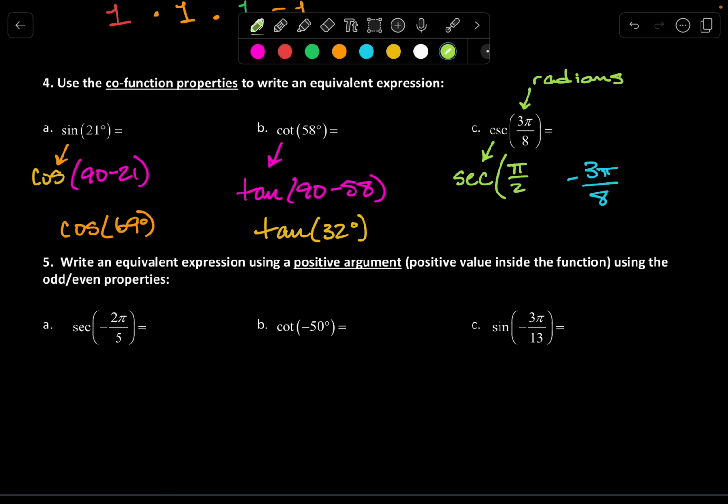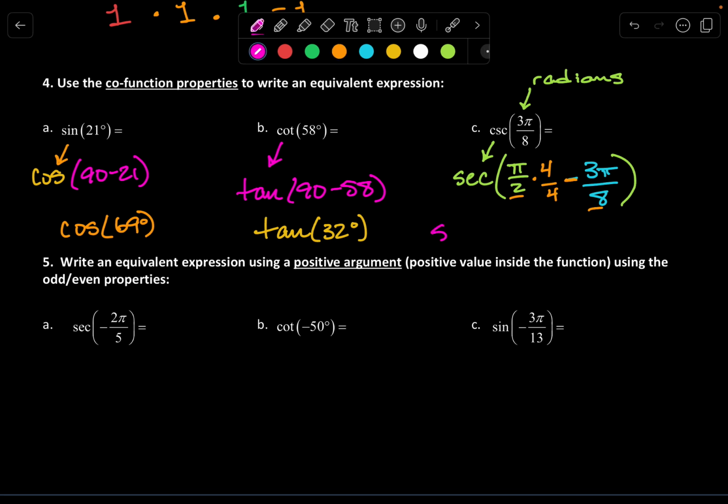I left myself some room here, because to subtract fractions, I need a common denominator. To get 2 and 8 to be the same, I need to multiply this first fraction by 4 over 4.